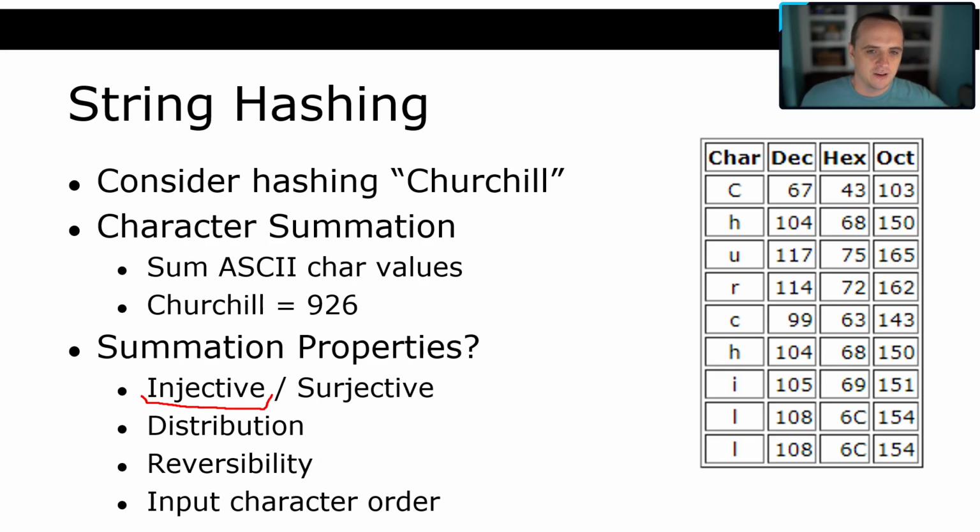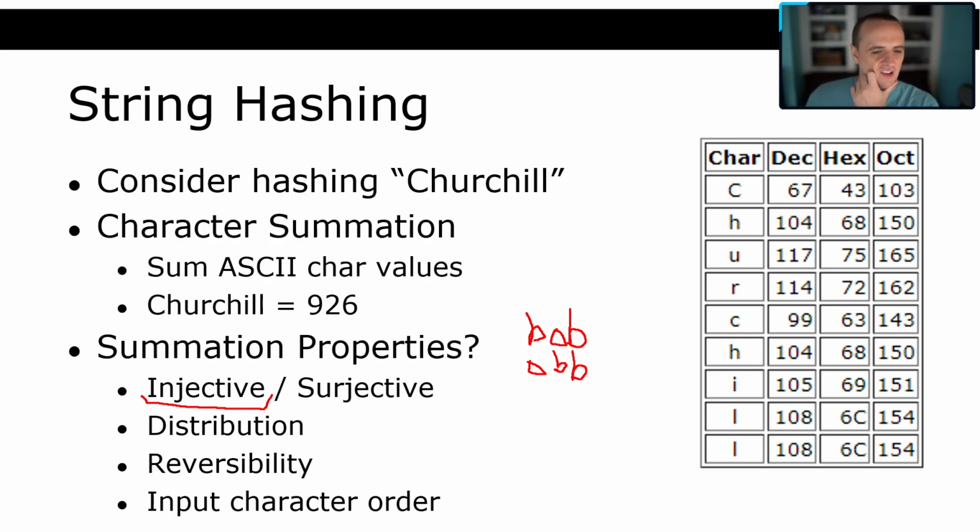So if my name was Bob, or if my name was Obb, stupid example, but B-O-B, those numbers sum to the same thing as O-B-B, right?